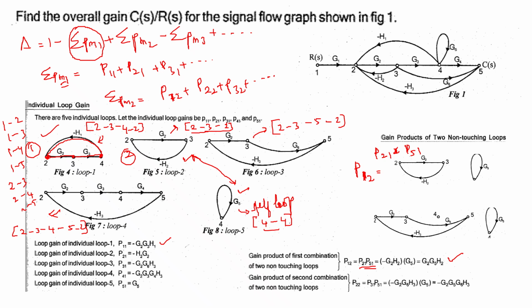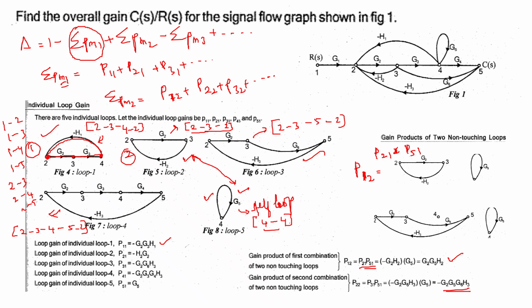Similarly, we get another set of non-touching loops: loop 3 and loop 5. We can see there are no common nodes. The third loop has nodes 2, 3, 5, and the fifth loop has only the fourth node. So again this is a non-touching loop.